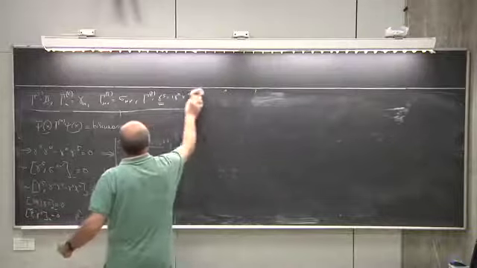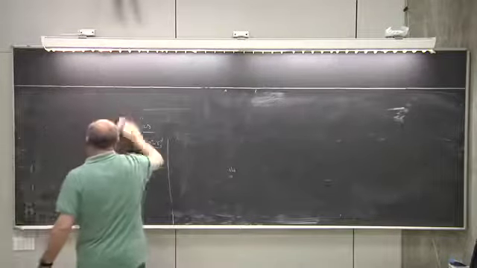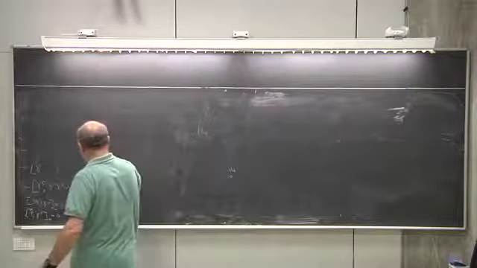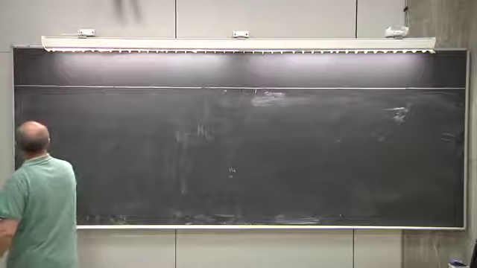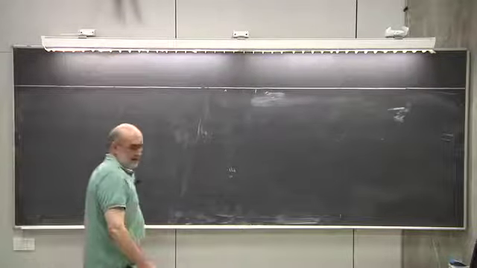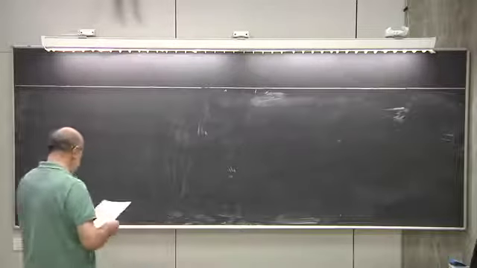And they had some algebra among them. You know that the alpha i had to anticommute, the beta squared was 1, and so on and so forth.